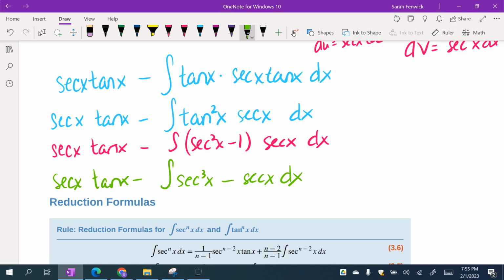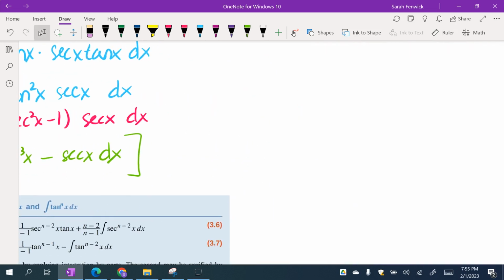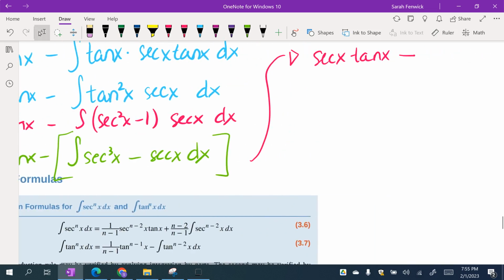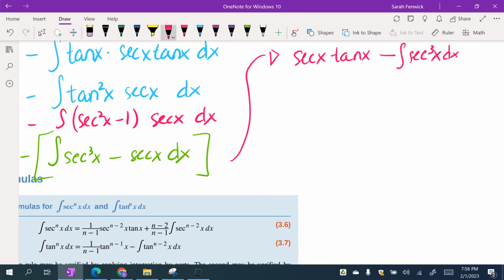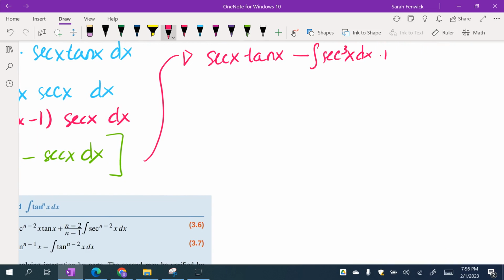We are going to break this up and have, going up here, secant x tan x minus the integral of secant to the third x dx plus, because when you distribute that minus, the integral of secant x dx.